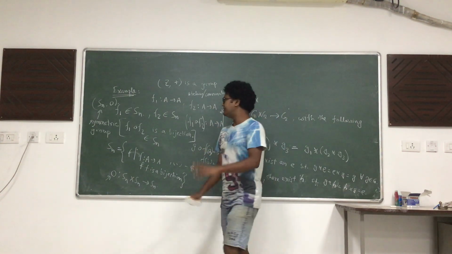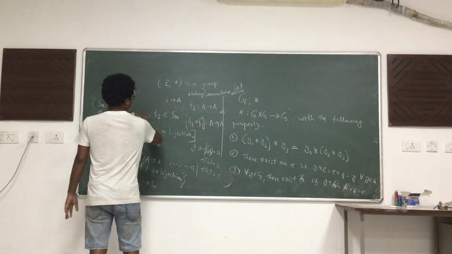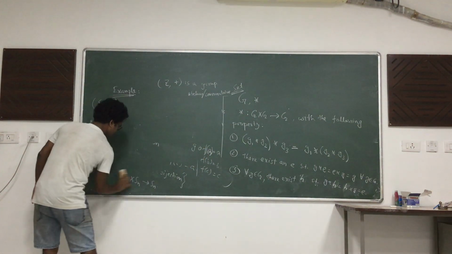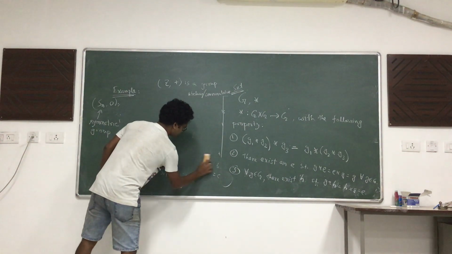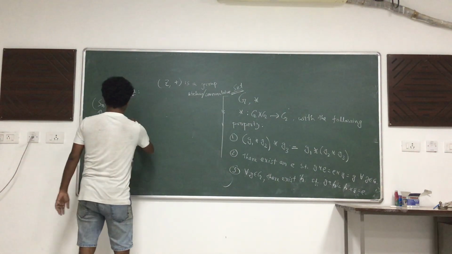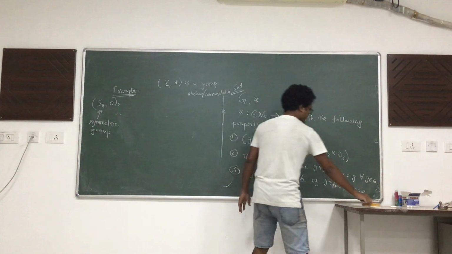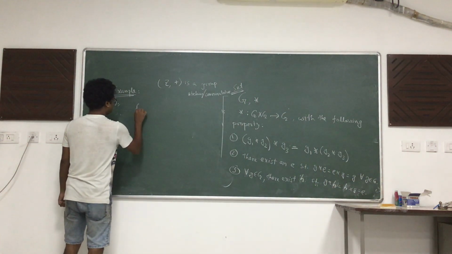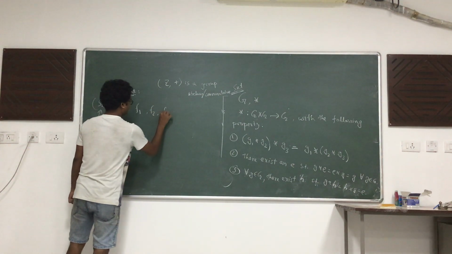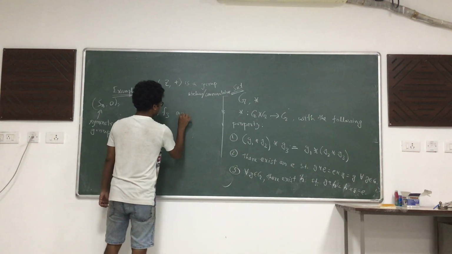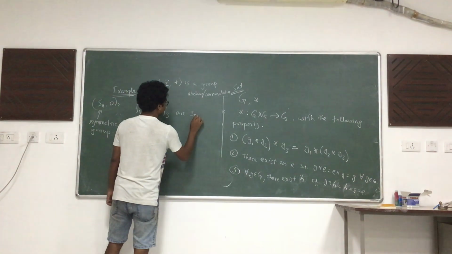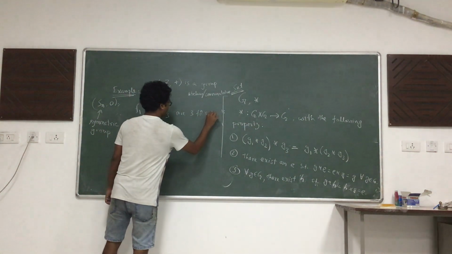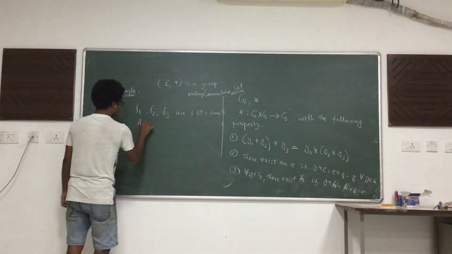Let us check. Let us say F1, F2, F3 are functions from A into A. Remember, we did not consider surjectivity here, so we don't need to consider it.